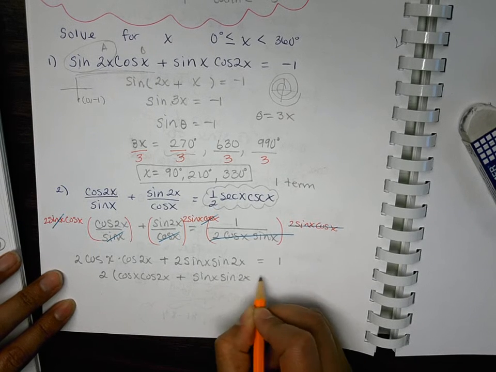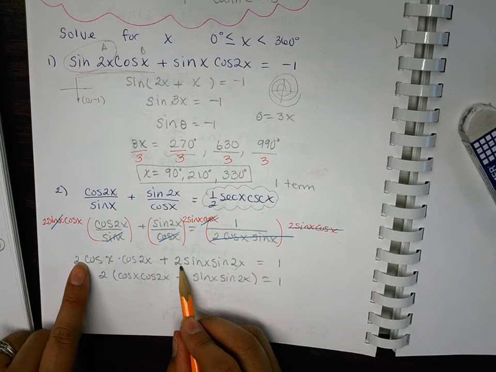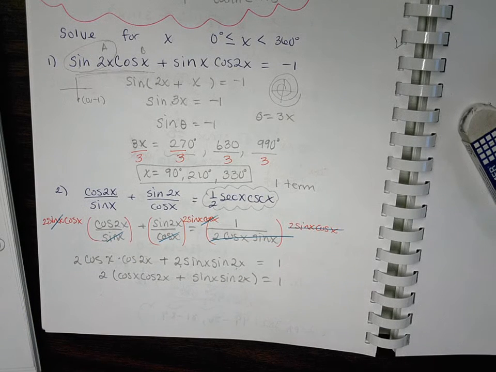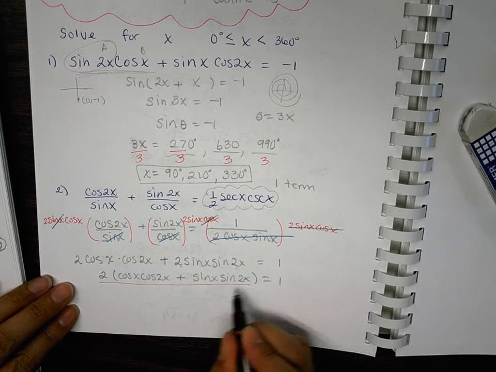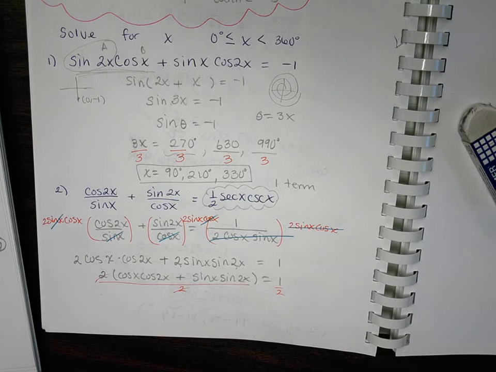Now again, it does not affect these 2's here. Those 2's are still there. It's just the coefficient 2's that are coming out. Any thoughts? What do I do to both sides? Divide by 2. Good job. Would it be a minus in the middle?